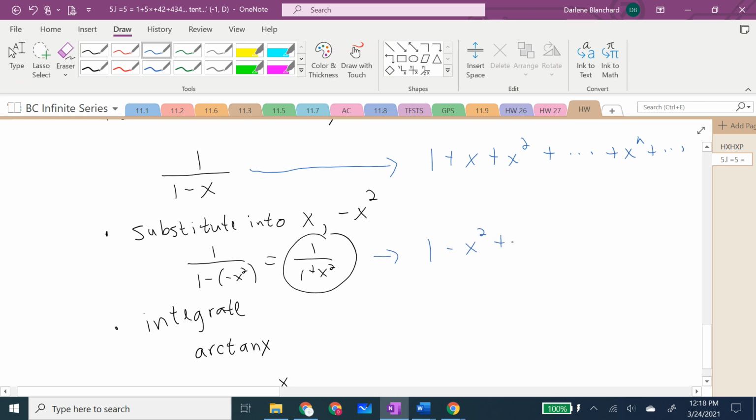The negative will square. And here I'm going to separate the negative sign from the x squared, and then use my exponent rule: x squared to the n is x to the 2 times n.